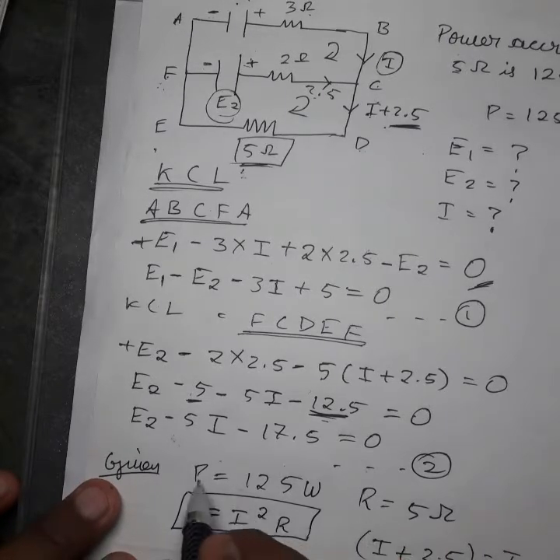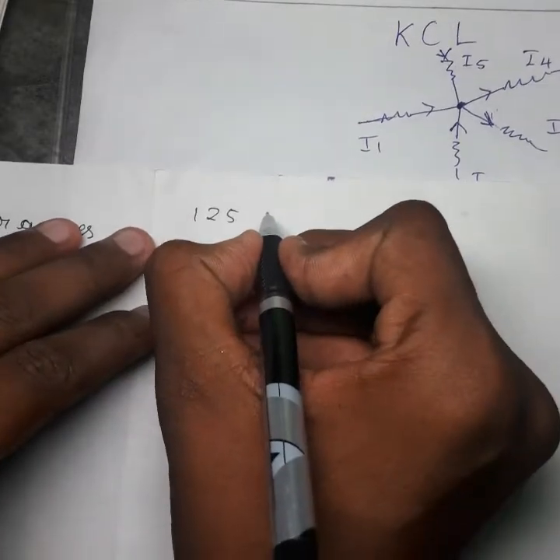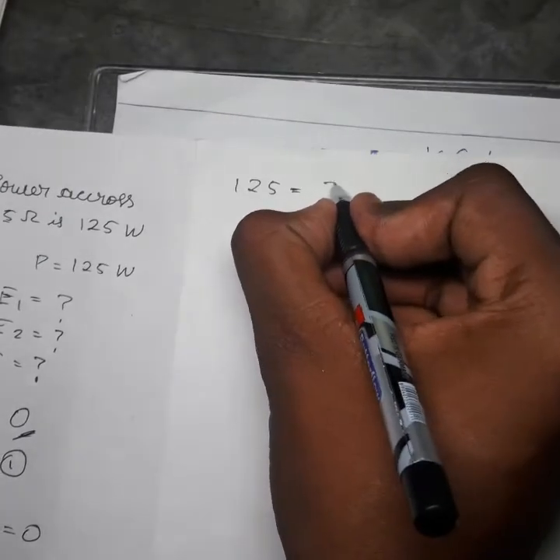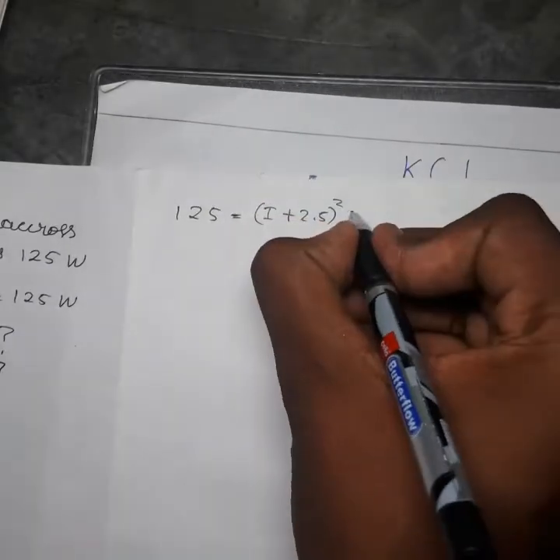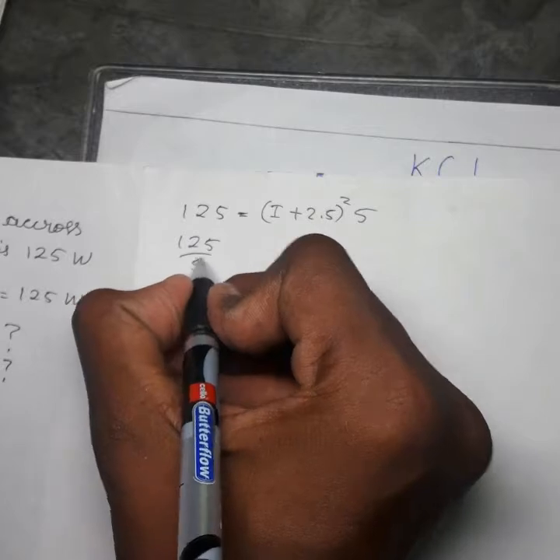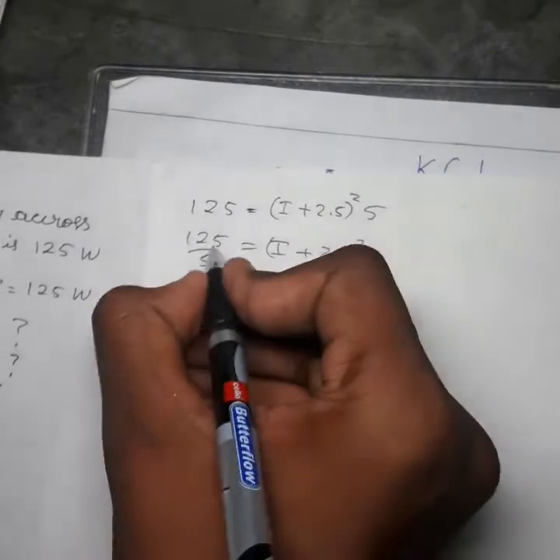I am going to substitute the P value, R value and the current value in this equation, that is power is 125 watts, which equals I squared. The I value is I plus 2.5 whole squared and R value is 5. I'm going to shift this 5 to this side. 125 divided by 5, which equals I plus 2.5 whole squared.